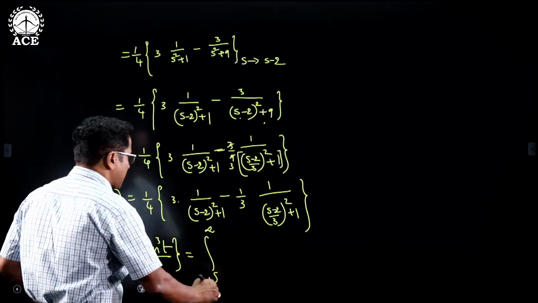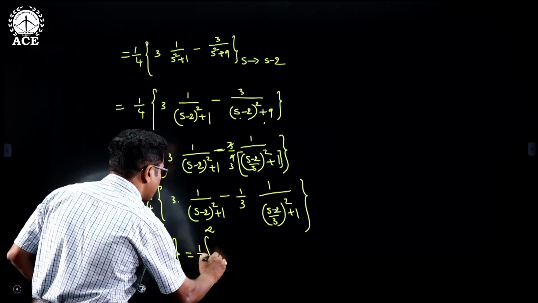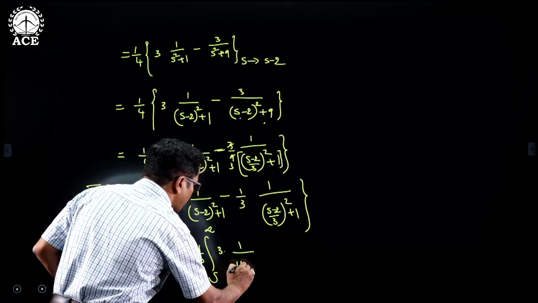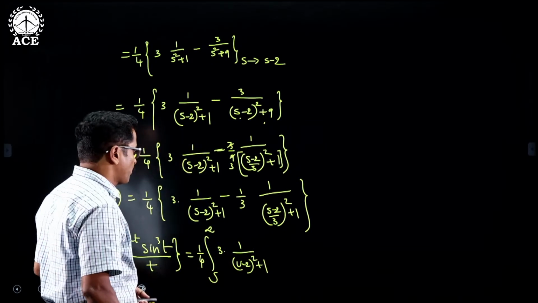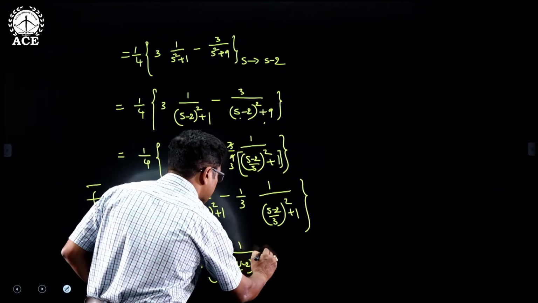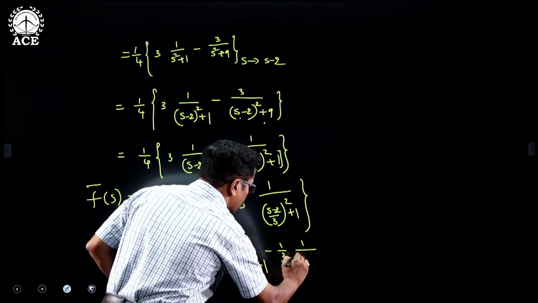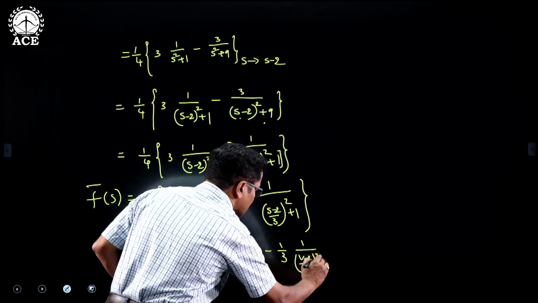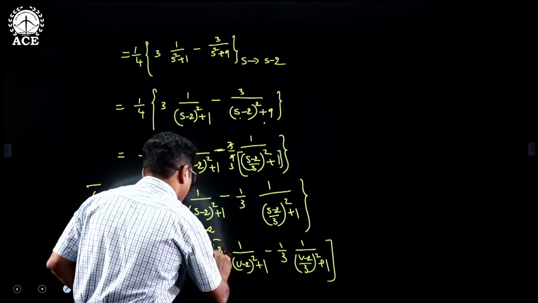So I take 1 by 4 outside: 3 into 1 by (u minus 2) whole square plus 1 du, minus 1 by (u minus 2 by 3) whole square plus 1 du.